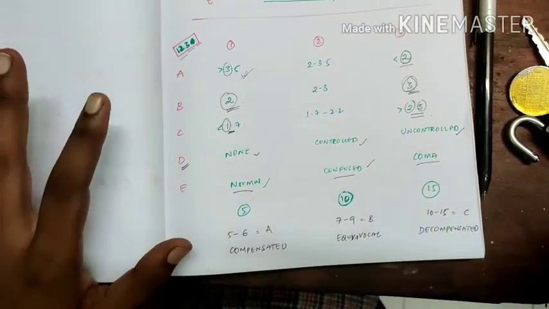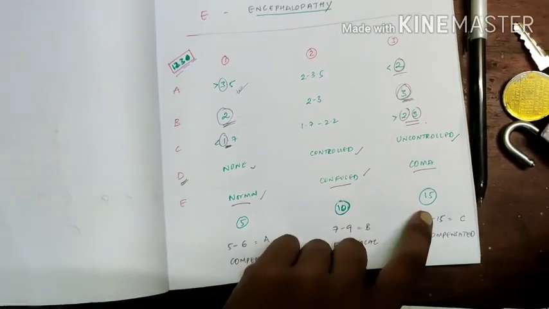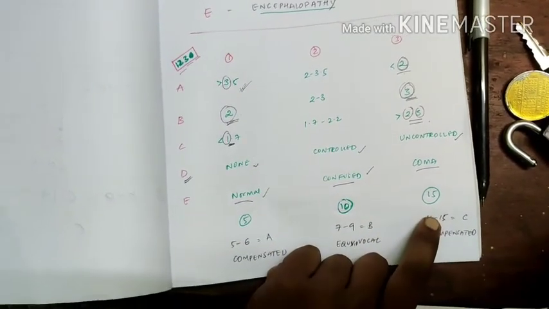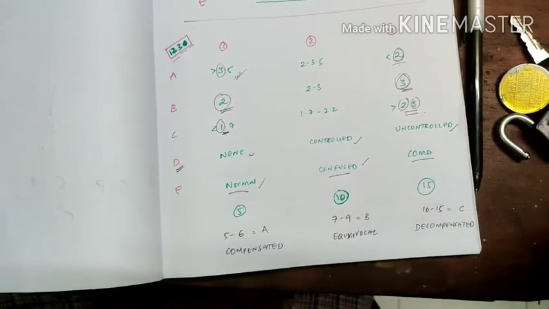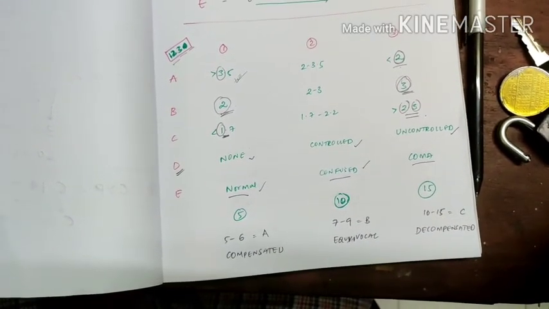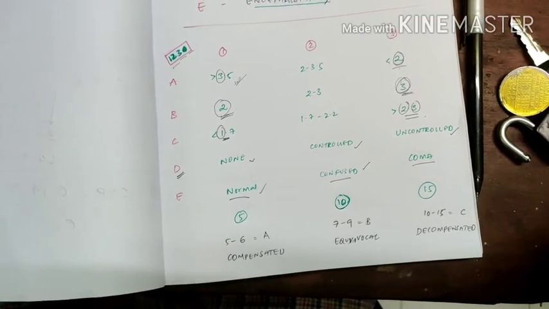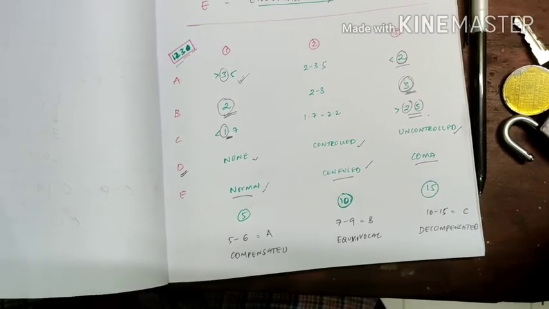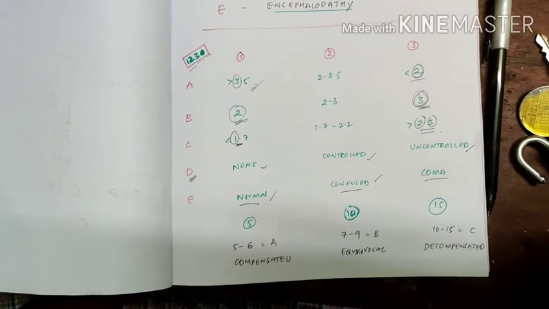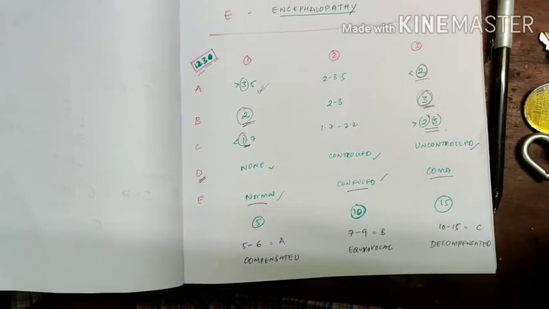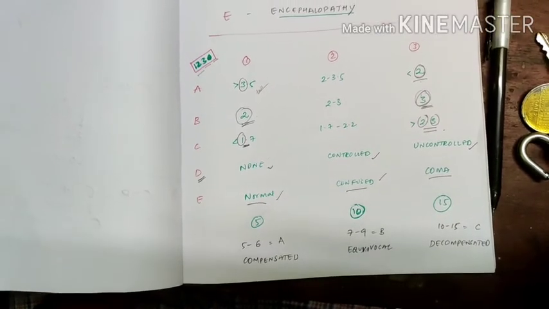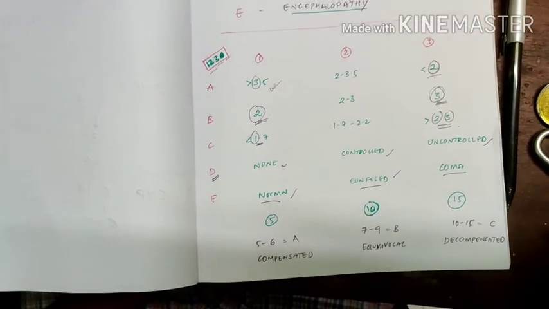Now remember, if the score is more than or equal to 10, it is Child C. That means it is a decompensated state. We calculate it in a few liver diseases and we go for transplant. Even in hepatocellular carcinoma, by Child score and Milan's criteria, you decide whether to go for transplant or not.